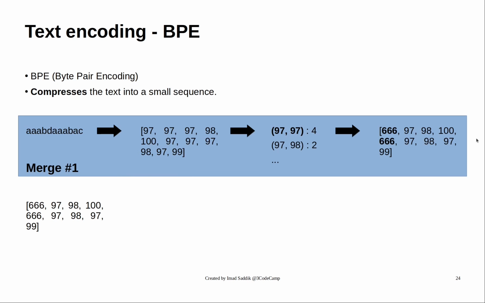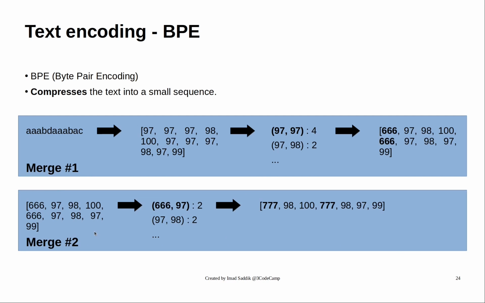We will take this list of bytes and do the same thing. We will compute the number of occurrences, search for the pair that has the maximum number of occurrences, and replace it with a new token. And this is the second merge that we performed, and we can perform other merges if we need.